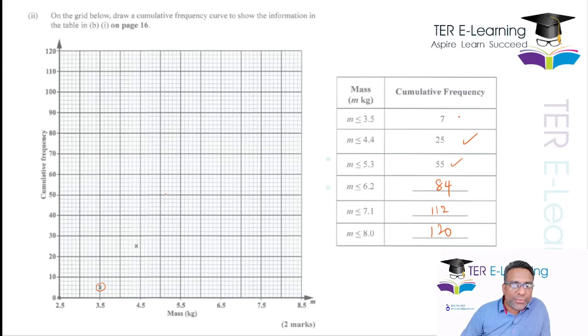So 5.3, this is 5, this is 5.1, 5.2, 5.3 against 55. That's going to be right here. Next one is 6.2 against 84. So 6.1, 6.2 against 84. That's here. And then we have 7.1 against 112.